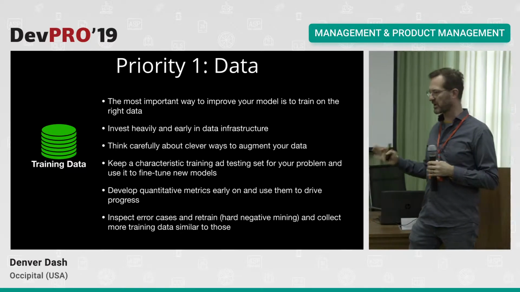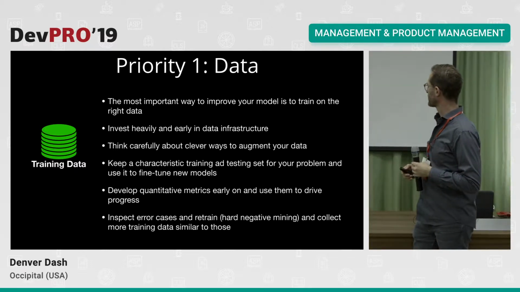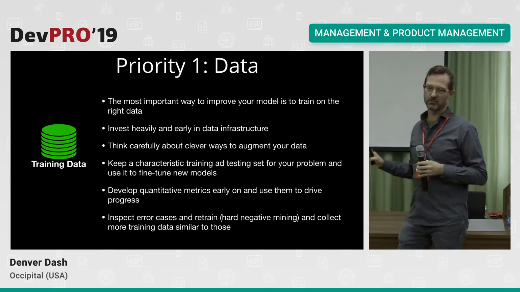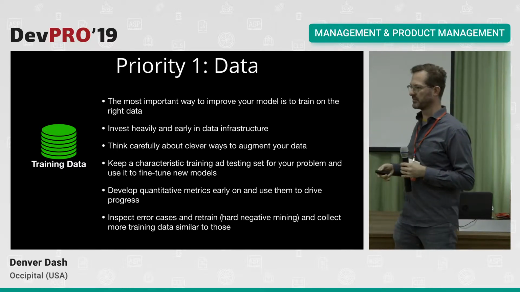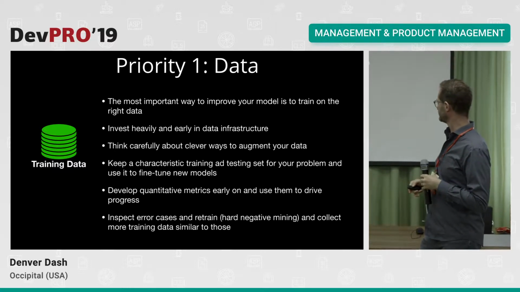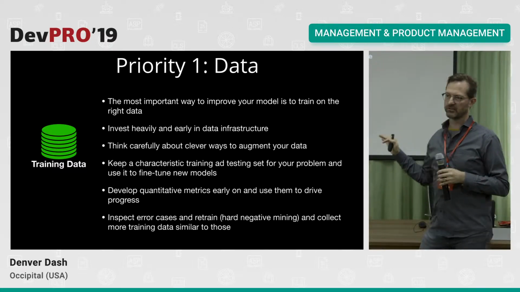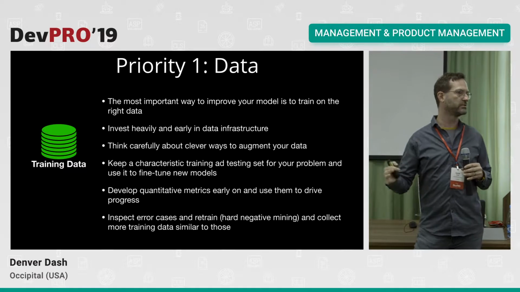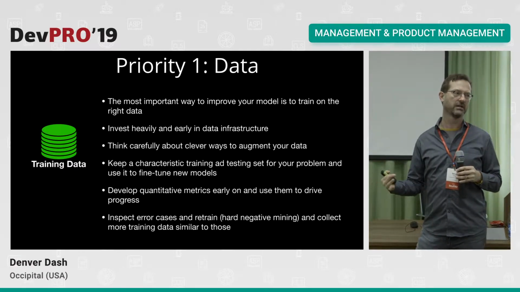Okay, so this brings us to priority 1, which is the data. This is by far the most important way to improve your model. And I have a good example in a bit that I'll share with you about this. I recommend that the first thing you do before you get too serious about the model is to invest in this data infrastructure.